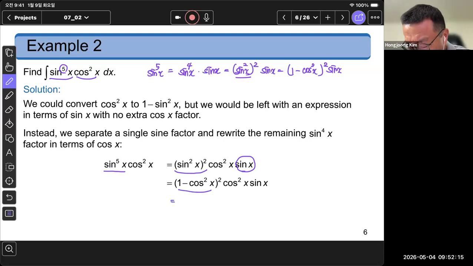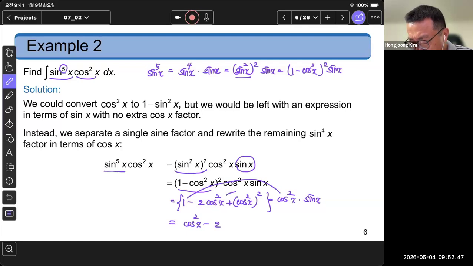So if I expand this, you get 1 minus 2 cosine x squared plus cosine x to the fourth, times cosine x squared times sine x. So 1 times cosine x squared will be cosine x squared, minus 2 times cosine x squared times cosine x squared will be cosine x to the fourth.